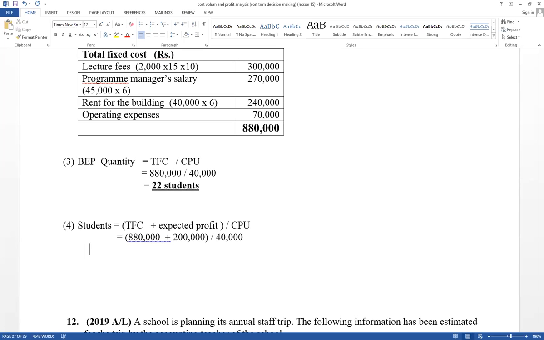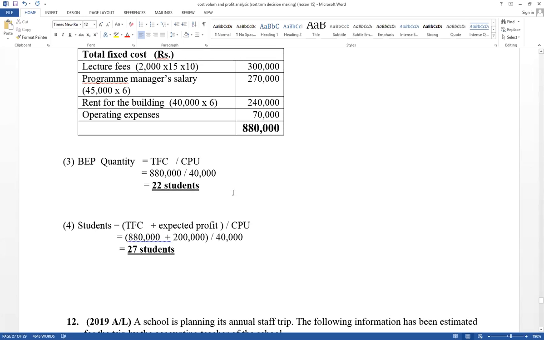Then take the answer. Therefore, 880,000 plus 200,000 divided by 40,000. Number of students equals 27 students. To generate 200,000 profit, 27 students should be participants. Neither profit nor loss: to cover the total cost, 22 students should be participants.